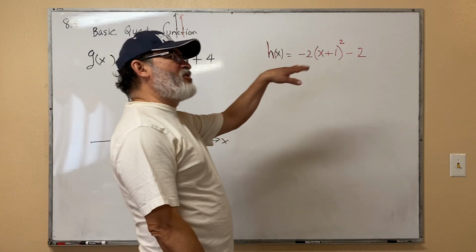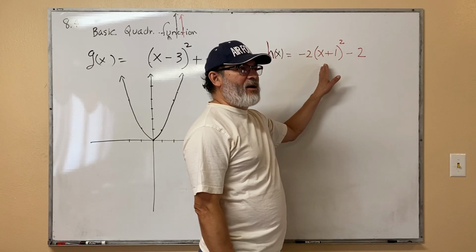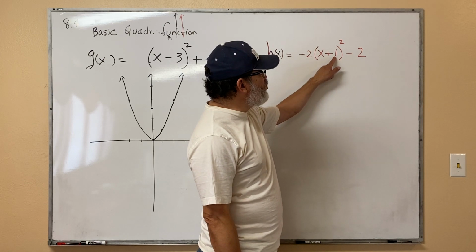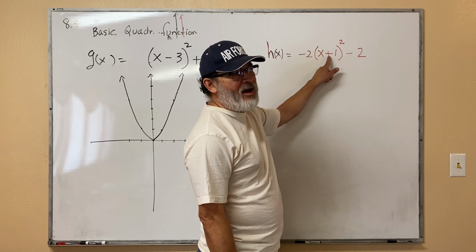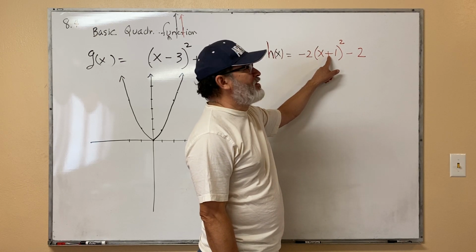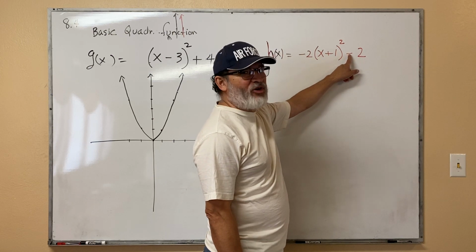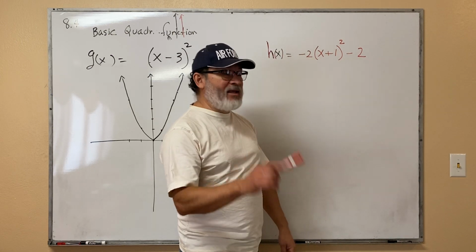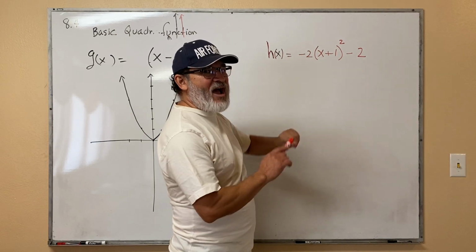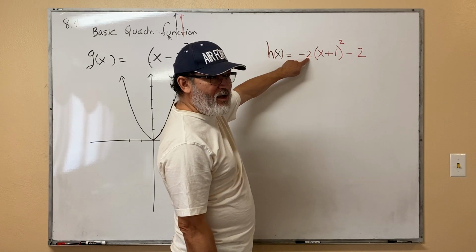So what is this going to do? The basic parabola shifted 1 unit to the left, 2 down, and opens downward by a multiple of 2.